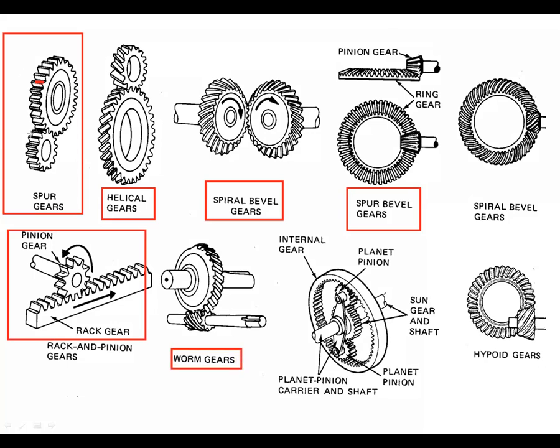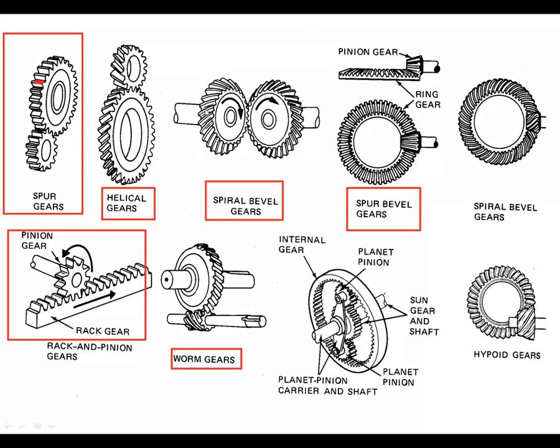Now see, the spur gears are used to transmit power between different shafts which are at a small distance. Helical gear can transmit more power than the spur gear.